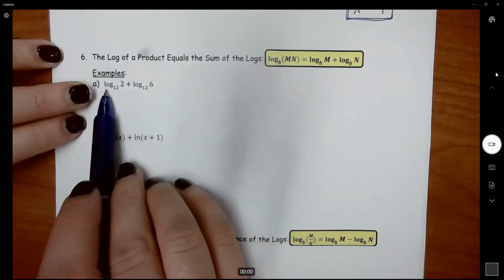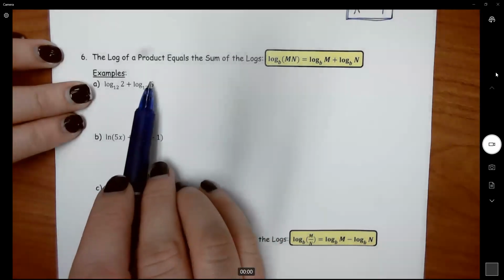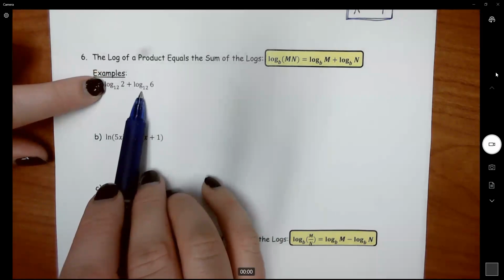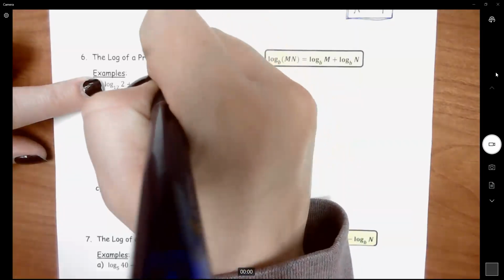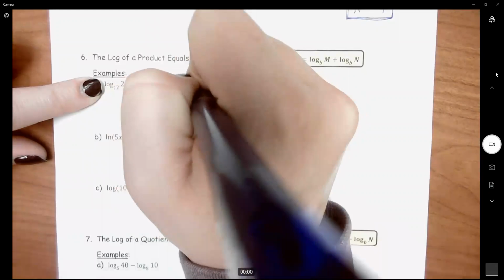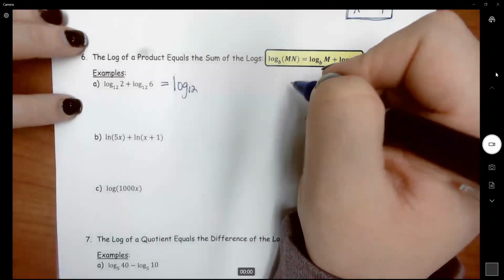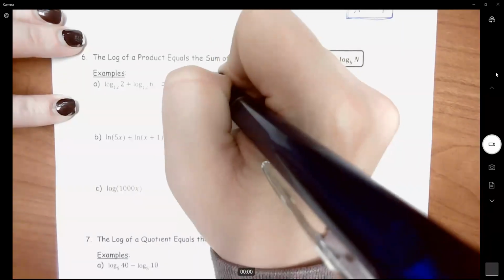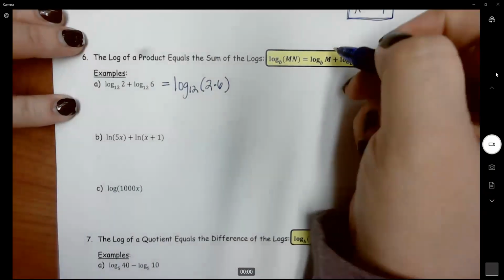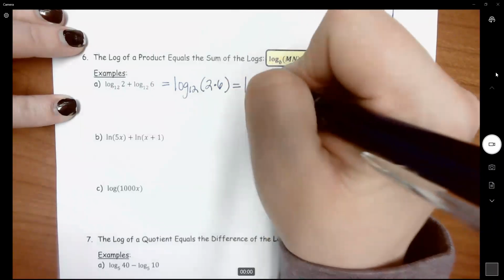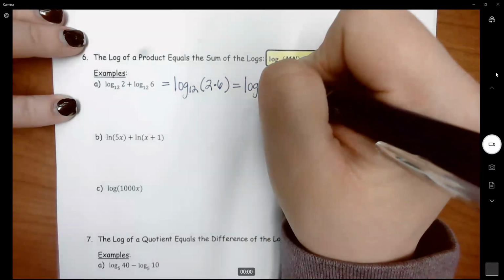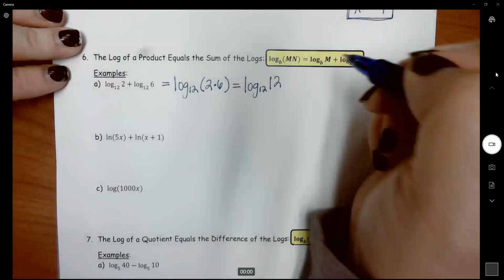So for example, we have log base 12 of 2 plus log base 12 of 6. Because they are both log base 12, I can write it as a single log base 12. So I got log base 12 of 2 times 6, which is log base 12 of 12.